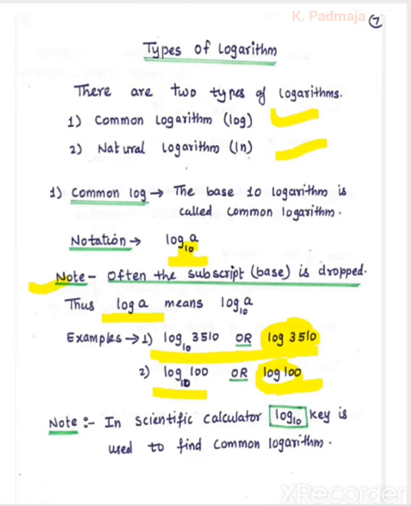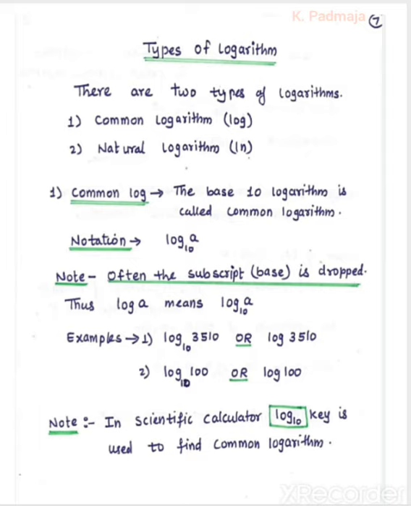Okay, there is a note here. This note is for your scientific calculator. Till 10th standard you are not allowed to use calculators, but at diploma level you can use scientific calculators, that is 991 MS. So you can purchase that calculator and you can use it, and you have to learn how to use it.